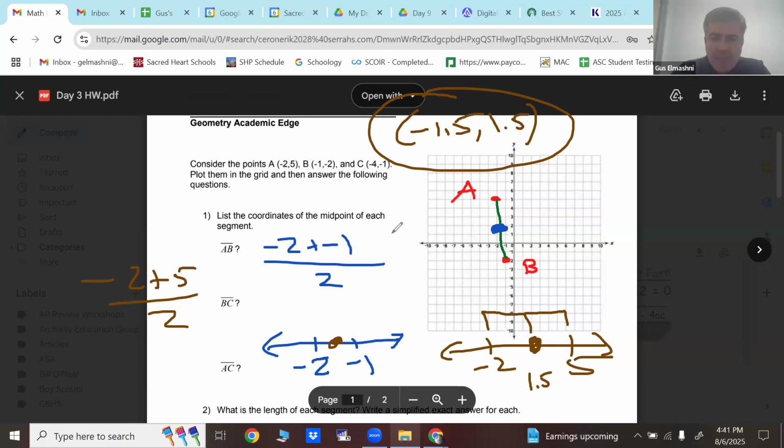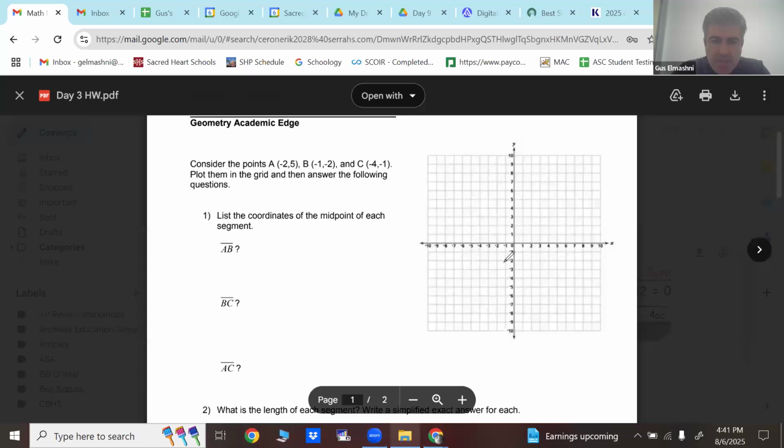So now let's do BC. Negative 1, negative 2, and negative 4, comma negative 1.